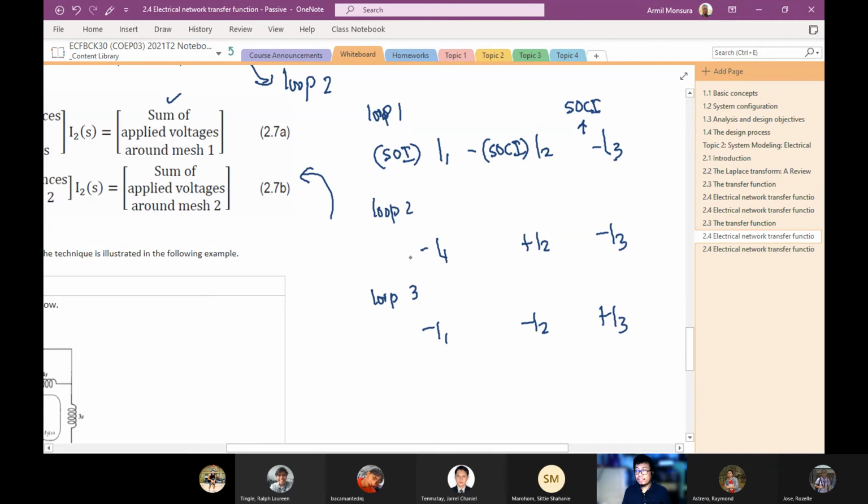Sa second equation nyo naman, dito nyo hahanapin yung sum of impedances. Dito common sa I1 tsaka I2, ito naman, yung common na to, I2 tsaka I3.